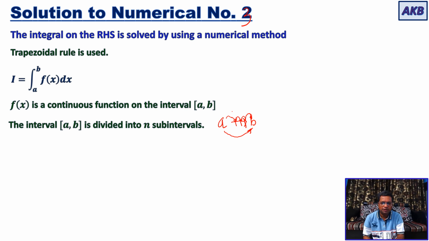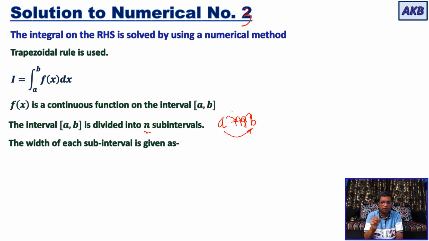How many subintervals? Let us say that the interval is divided into n subintervals. n is a positive number. If that is the case, then you can find out the width of each interval.